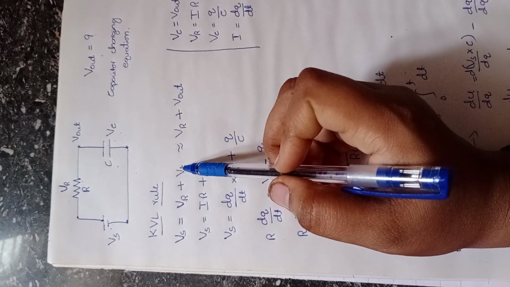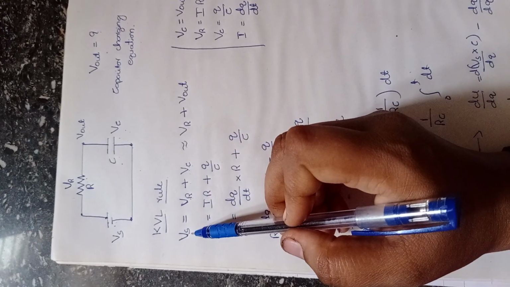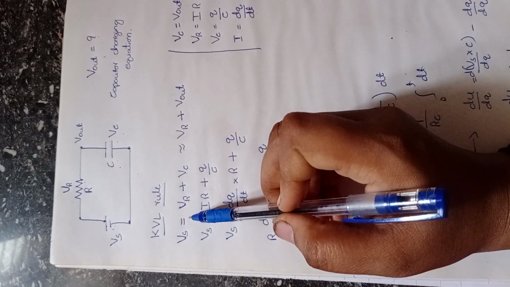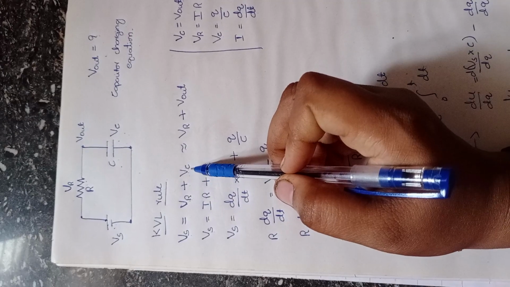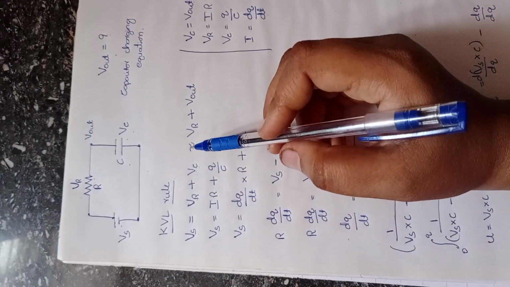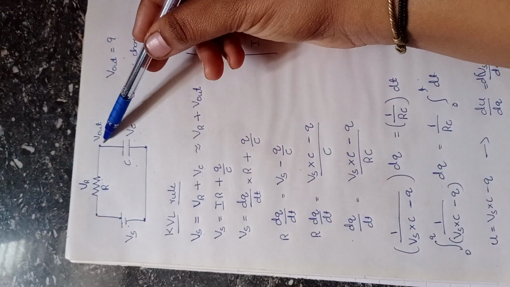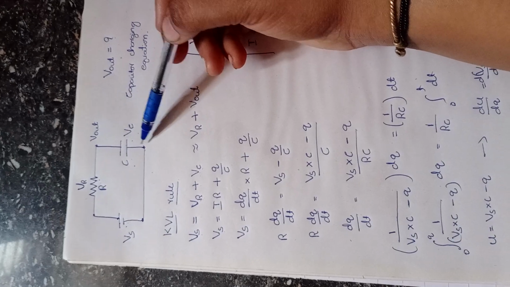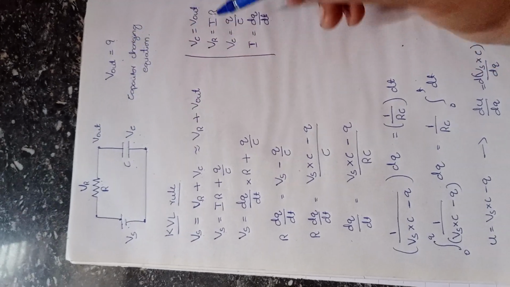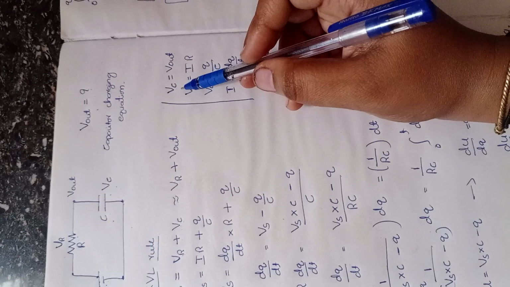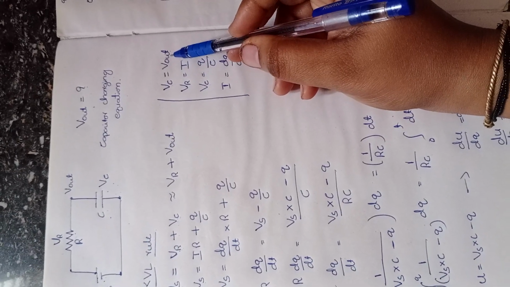I am modifying that equation. I am taking that Vs is equal to Vr plus Vc. And also we know that the voltage drop across the capacitor is nothing but the Vout. So Vc is nothing but Vout.